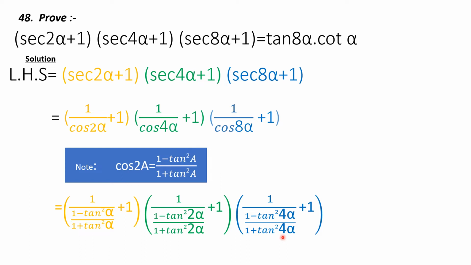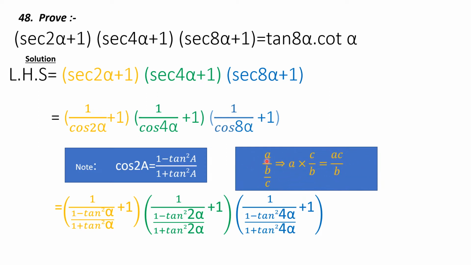Now before we proceed, we must recall one concept that we have learned in lower class. If we are given a over b by c, we can write this as a into c by b, which is ac over b. Here also we have a over b by c, and here also, and similarly here.